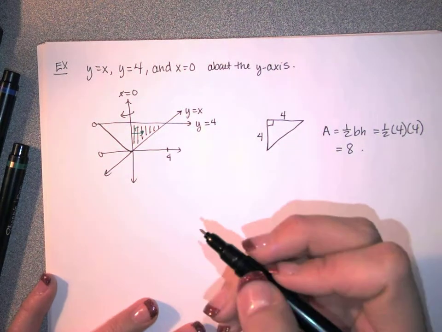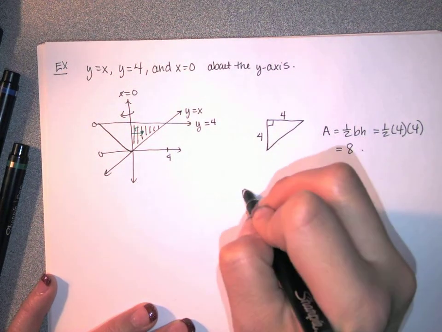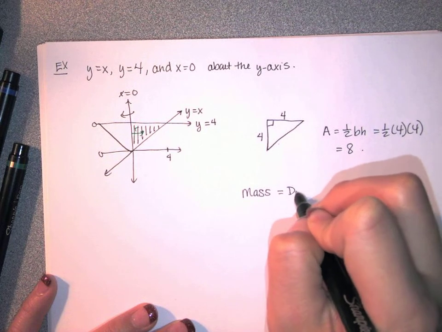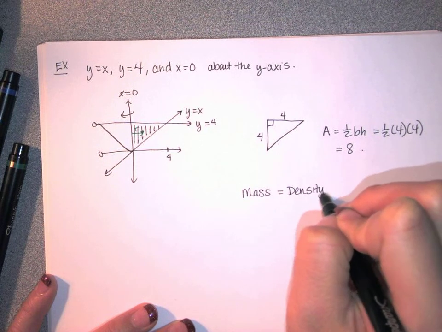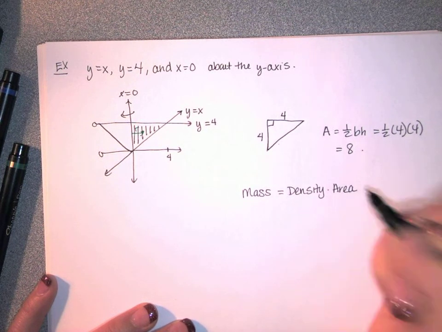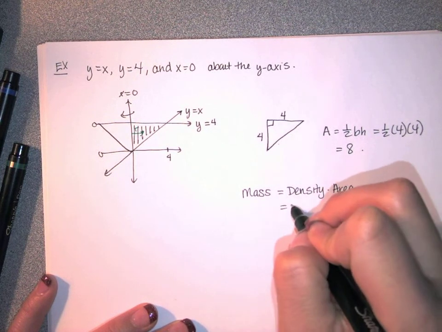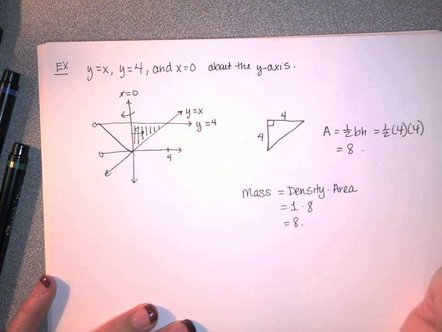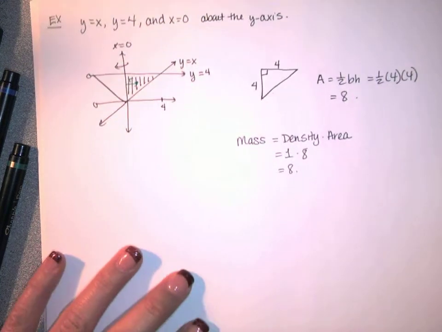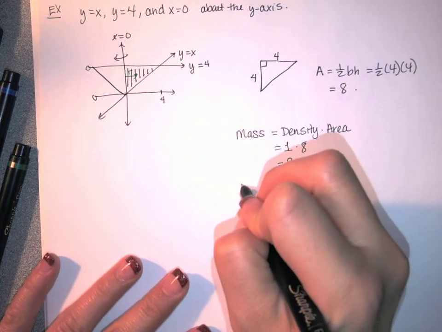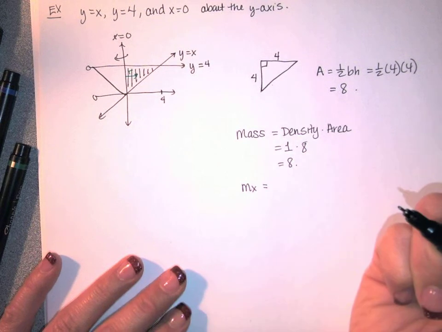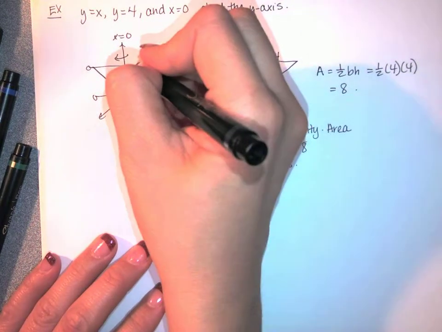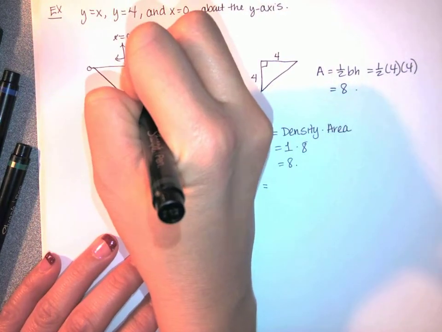In order to find the centroid, first I need the mass of the region, which is just equal to density times area. And we're going to assume that the density is 1, and the area we just found is 8. So we have that. Now we need the moment about the x-axis. You could draw the triangle or rectangles both ways. I'm going to draw them this way.